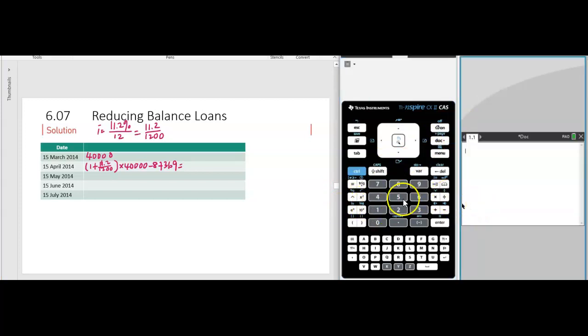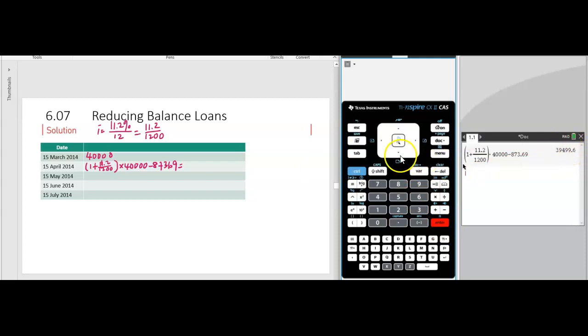I go to calculator view, 1 plus the fraction, where the top is 11.2 divided by 1200, times 40,000 minus 873.69. So how much do you owe?